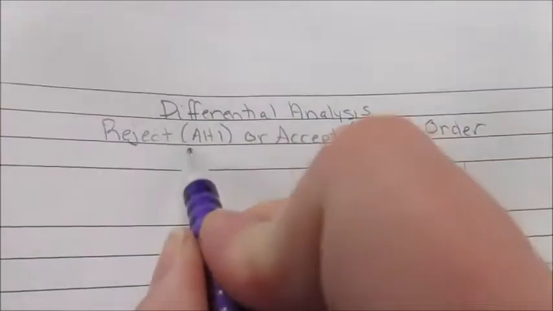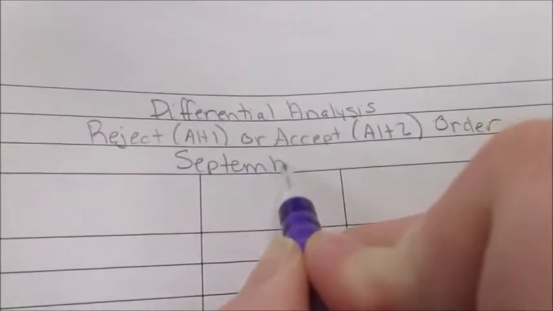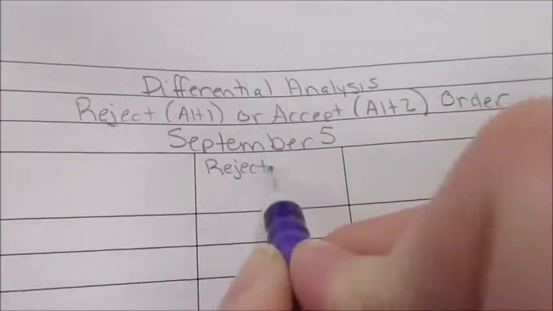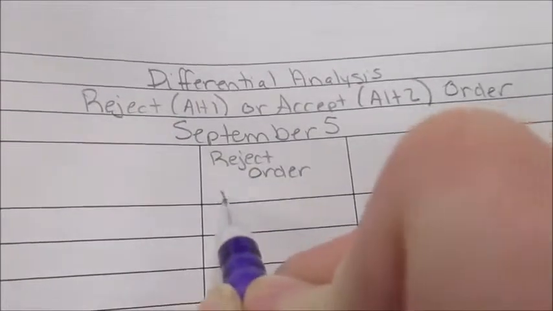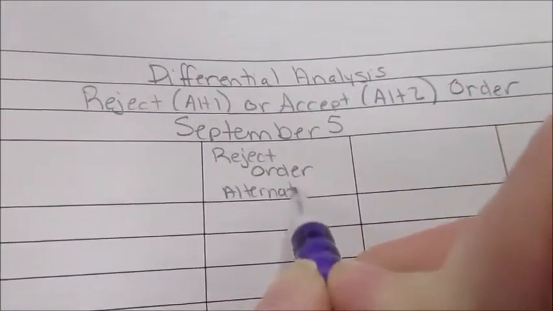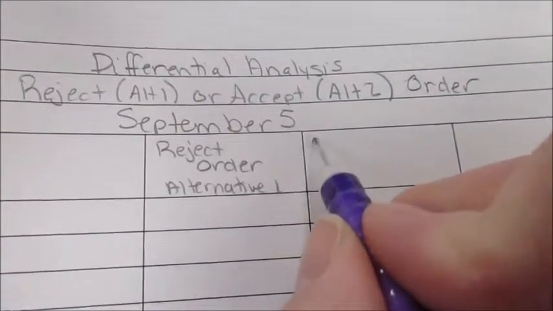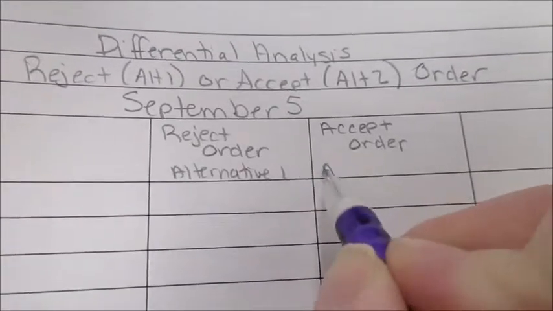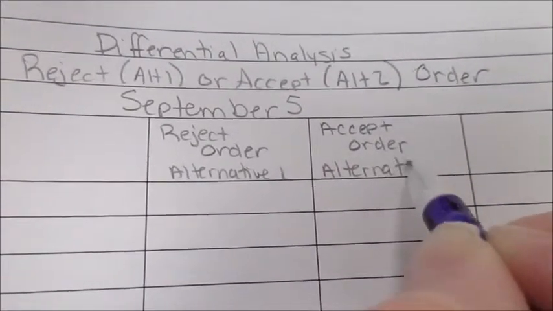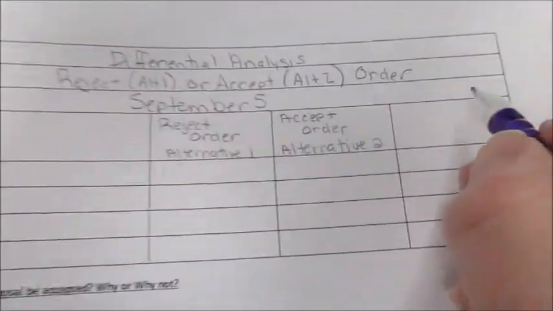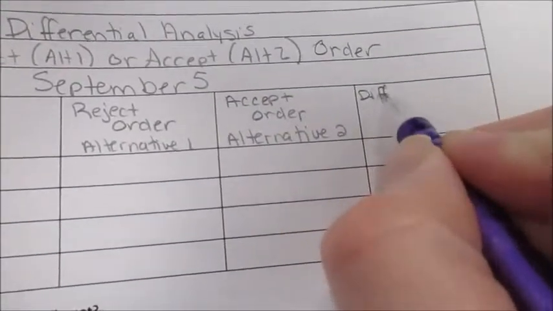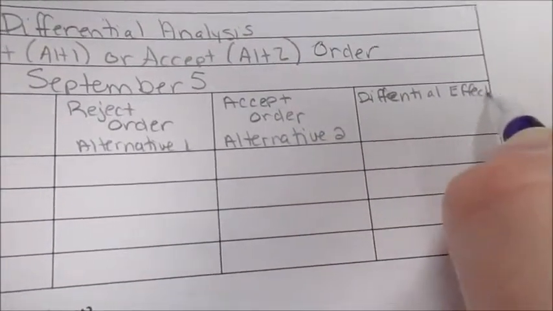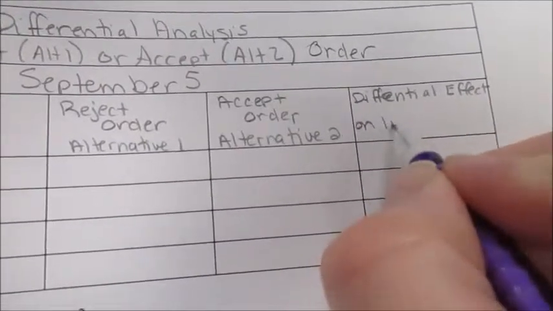Our date is September 5th. Our first column is to reject the order, which is alternative 1. Our second column is to accept the order, which is alternative 2. And our last column is our differential effect on the income.